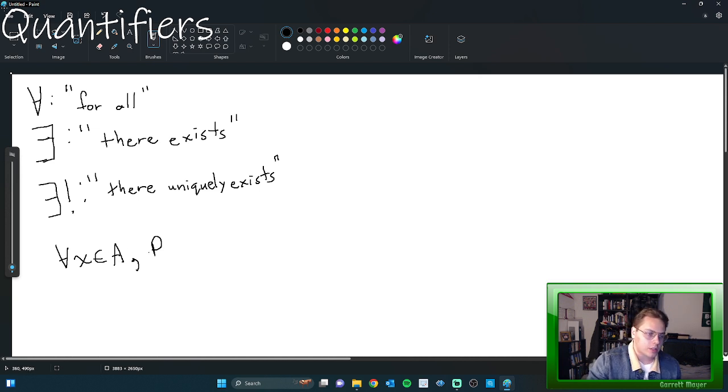So for all elements in the set, proposition P holds. That's how you read the for all statement. Then there exists would mean there exists an element within A where P is true, and there uniquely exists would mean there only exists one element in A where proposition P holds.